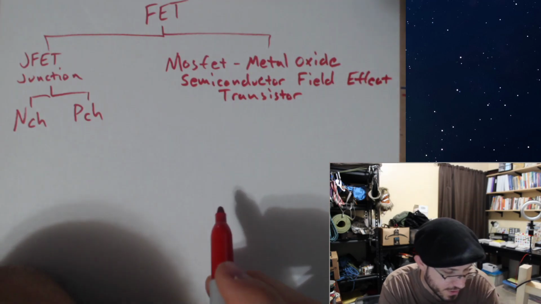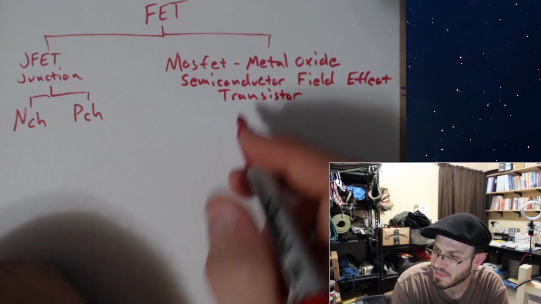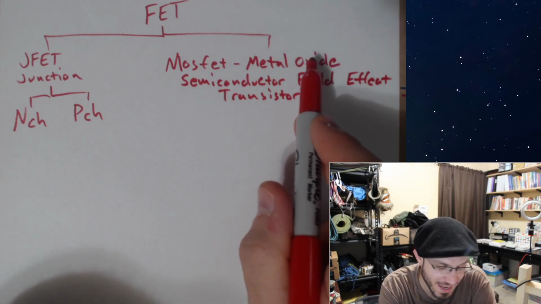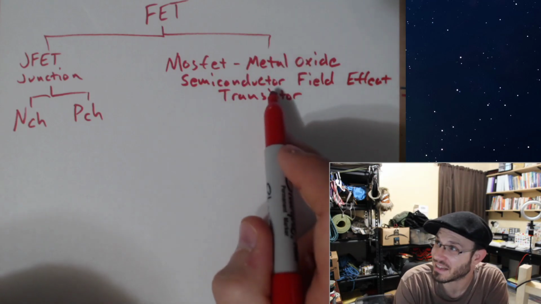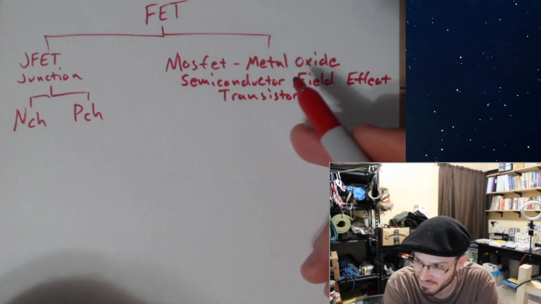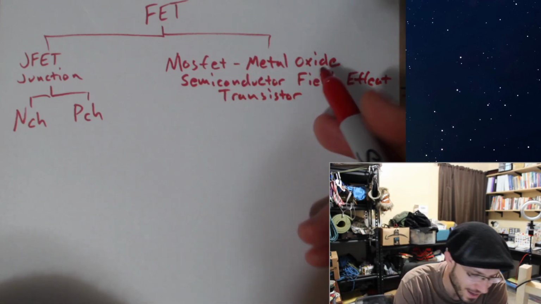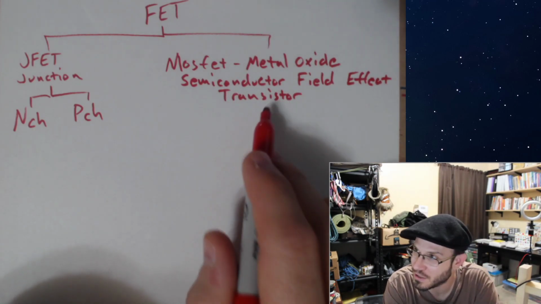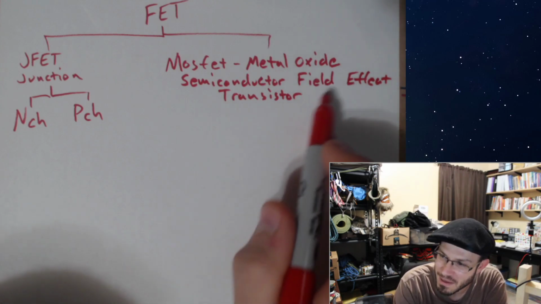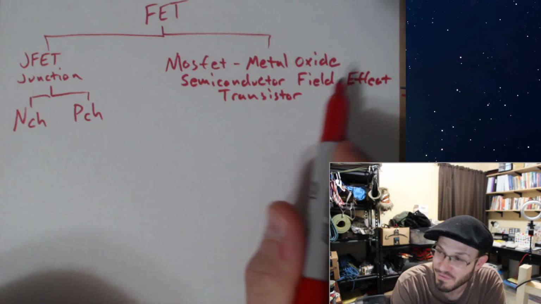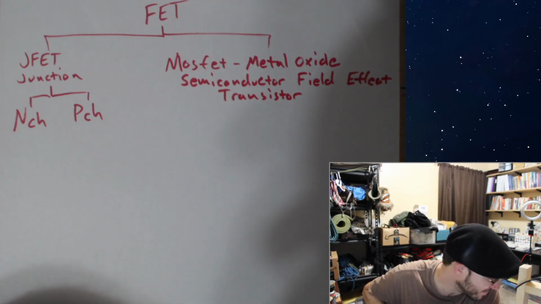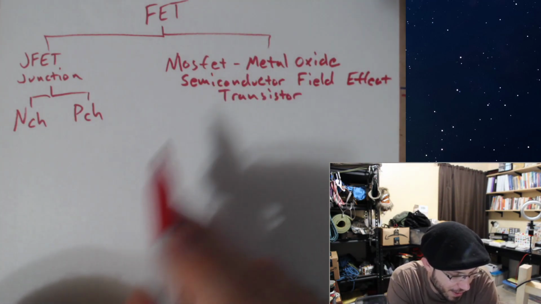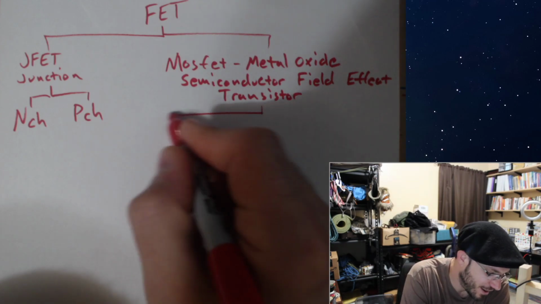And believe me, every single one of these words actually means something. Metal oxide refers to its fabrication, the semiconductor, because it's made with a semiconductor. It's silicon. Field effect transistor, because it is a transistor that is switched by manipulating the electric field inside the device.